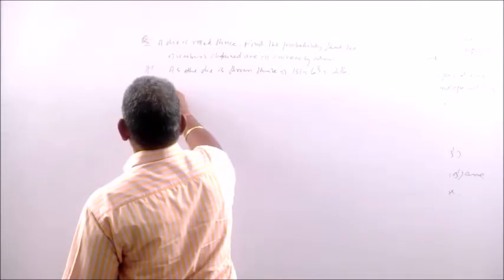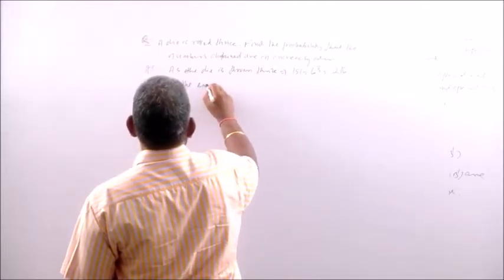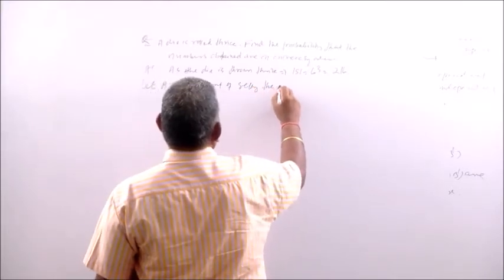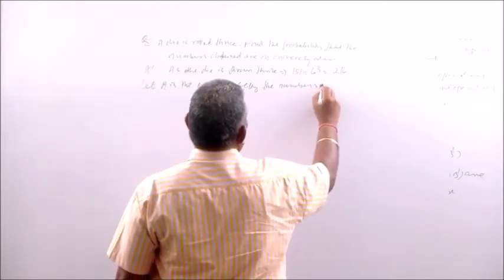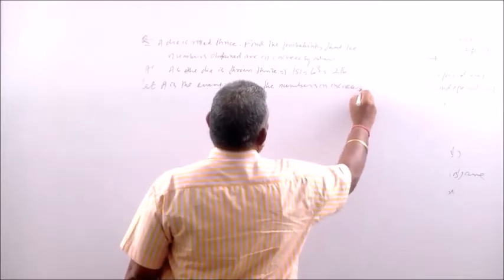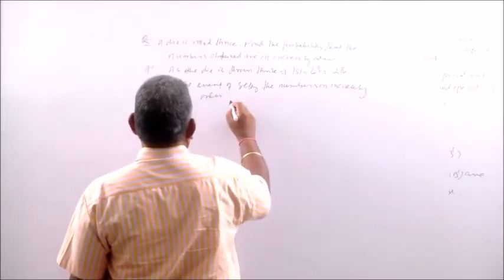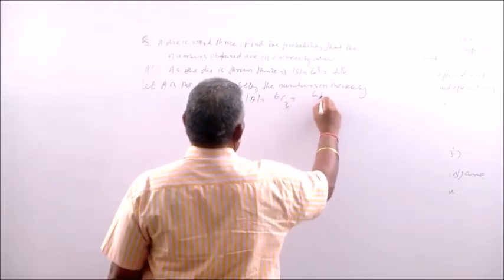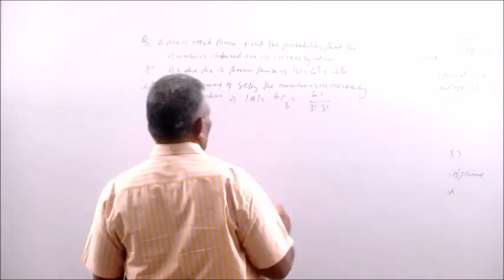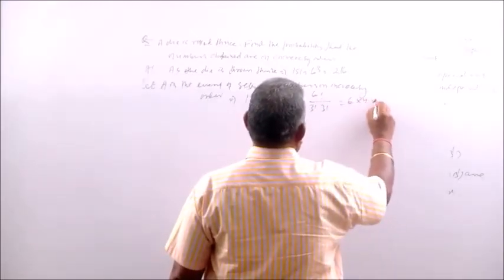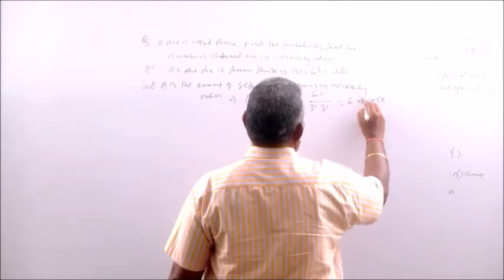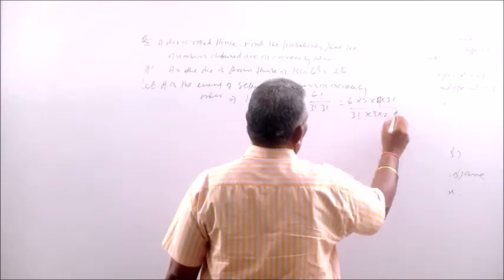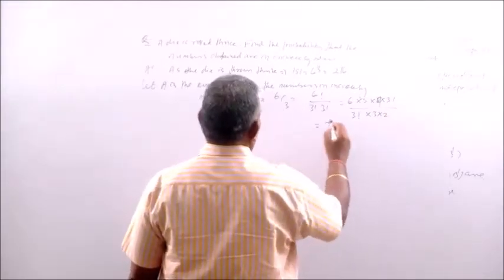Let A be the event of getting the numbers in increasing order. That implies cardinal of A equals 6C3, that is 6 factorial by 3 factorial into 3 factorial, that is 6 into 5 into 4 into 3 factorial by 3 factorial into 3 into 2, that will be 20.